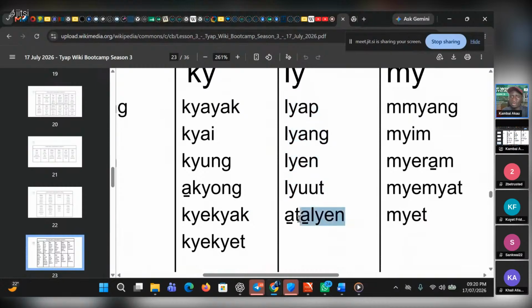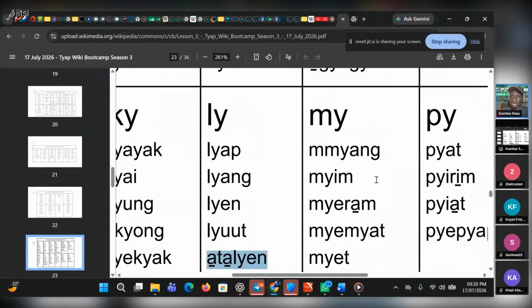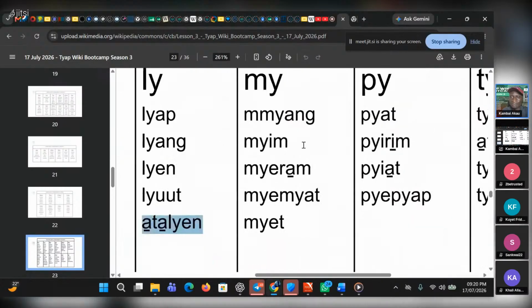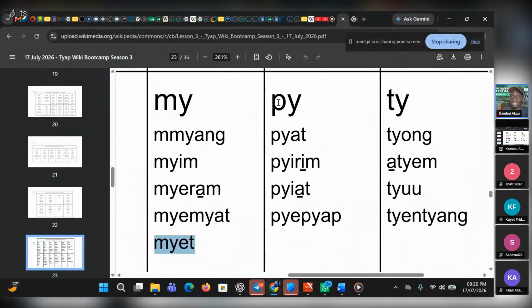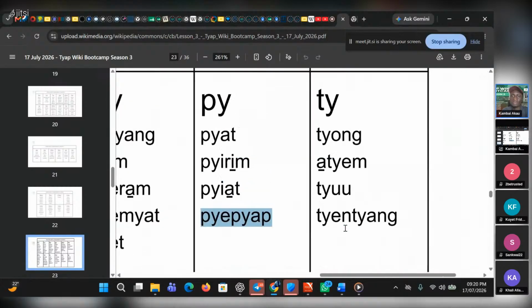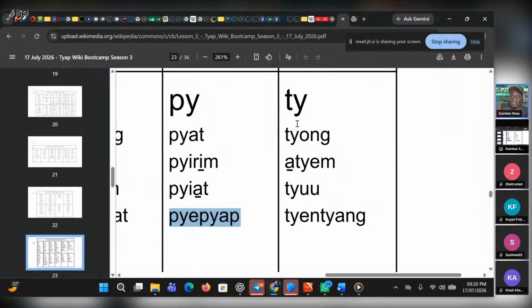And then we have the palatalized m sound, we have miang, we have mium, we have miam, we have miat, and then we have miet. And then under the palatalized p sound, we have piat, we have pium, we have piat, then we have pepiap. Then the palatalized t sound, we have tiong, we have tiam, we have tentiang.